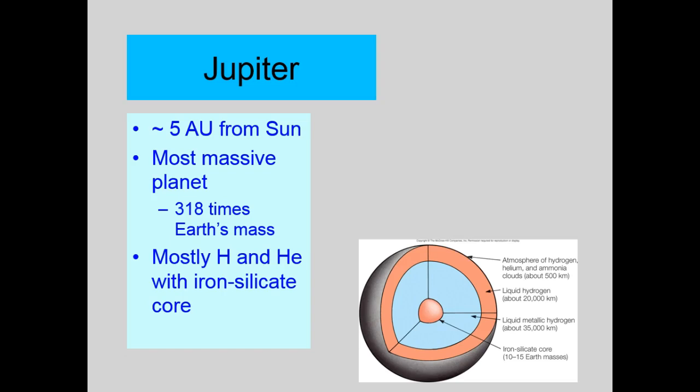I think they mentioned methane too. They just say ammonia here. And those are clouds. That's a very active atmosphere too. Not like ours. Ours is nitrogen and oxygen. This is hydrogen, helium, ammonia, and maybe some methane. And that's about 500 kilometers thick.